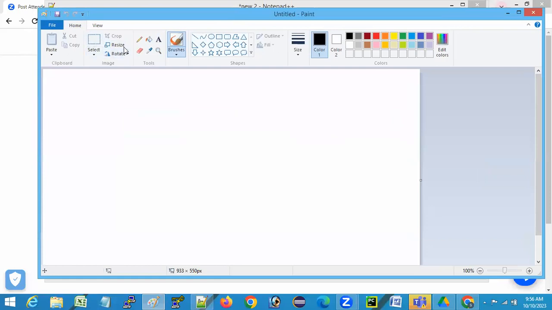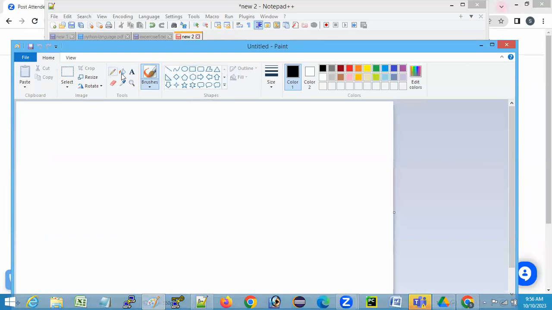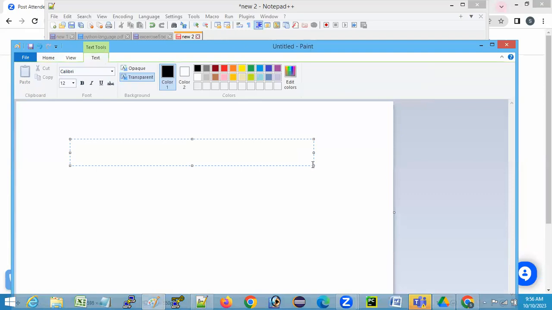See here. Now, this is the input unit. Process unit. Output unit.